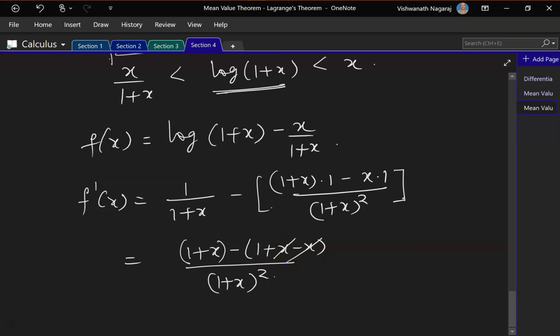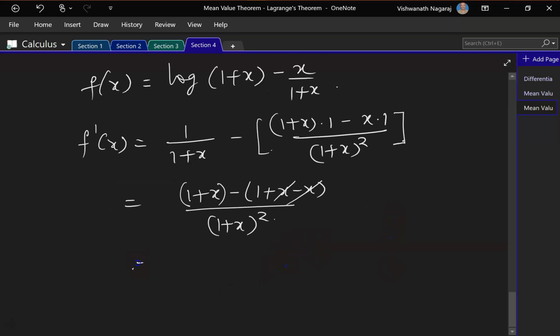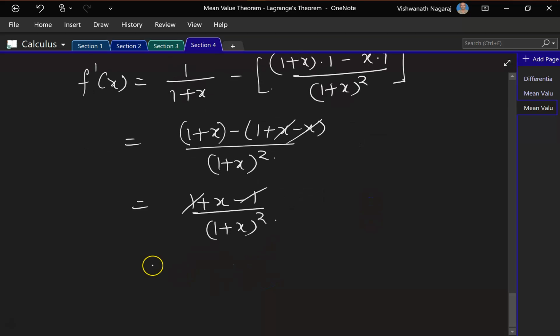These two get cancelled. And let's see, 1 plus x minus 1 by 1 plus x square. These two also get cancelled. So we have x by 1 plus x square.